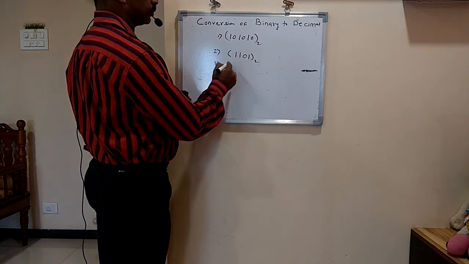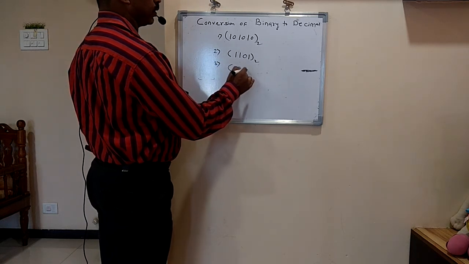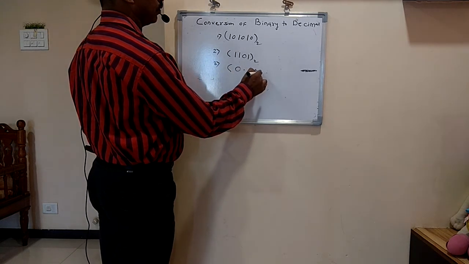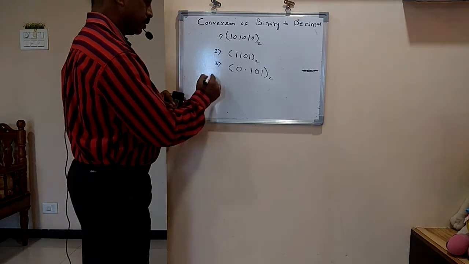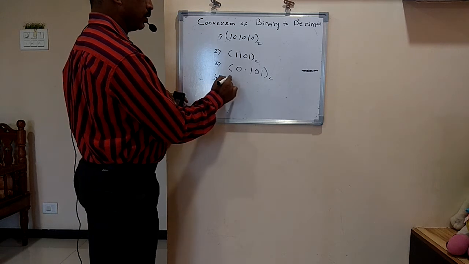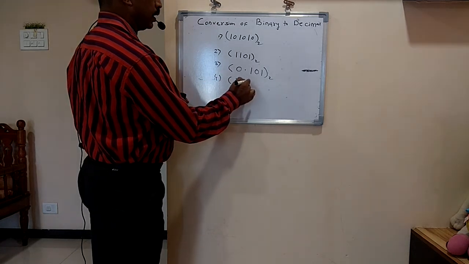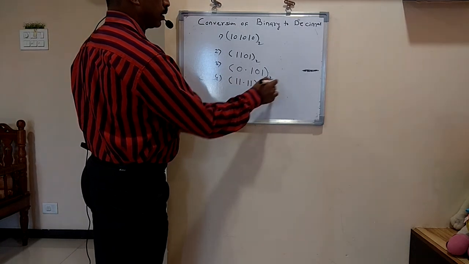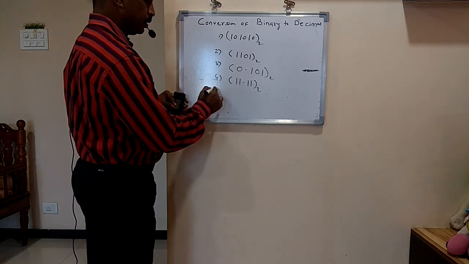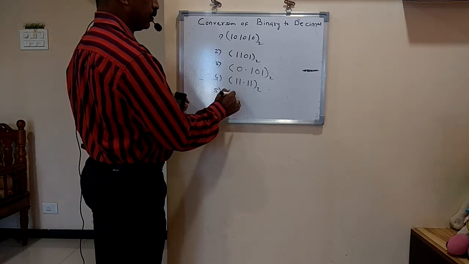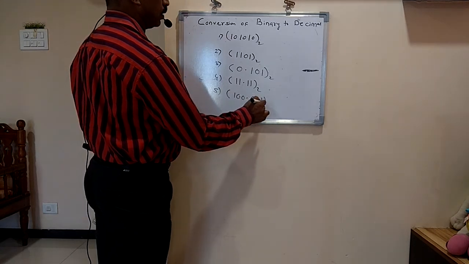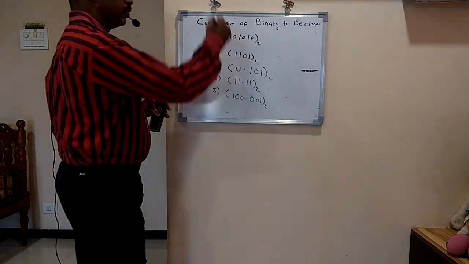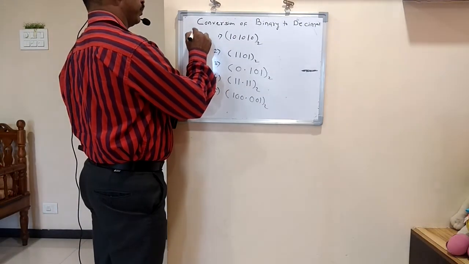Third one, 0.101. Convert it into decimal. Next number, 11.11. Convert it into decimal. And last one, 100.001. So these are a few homework problems for you.